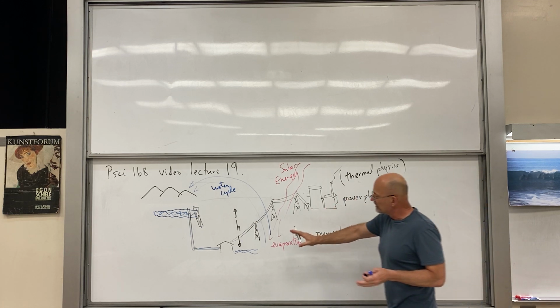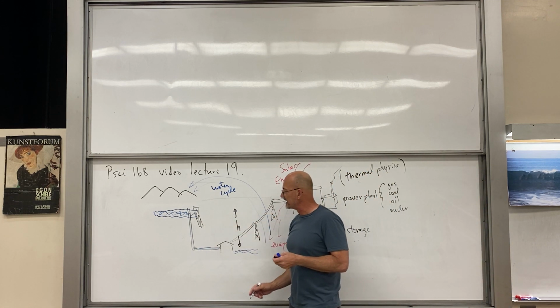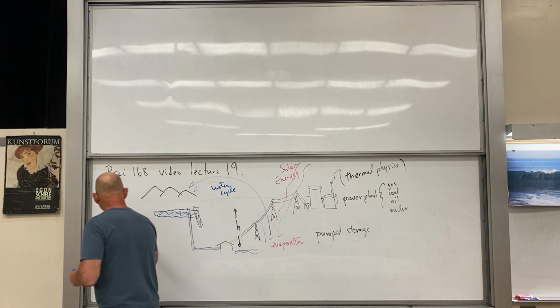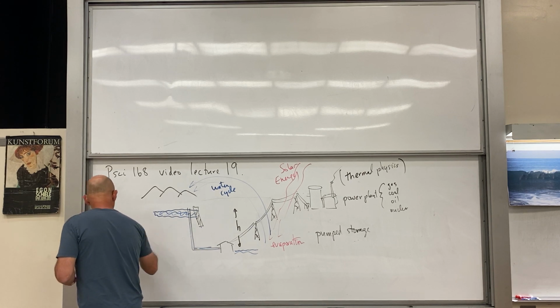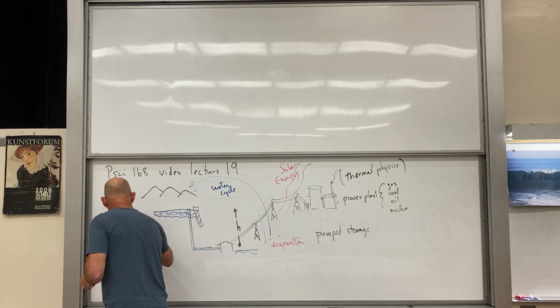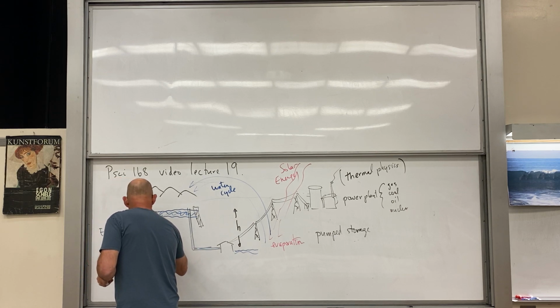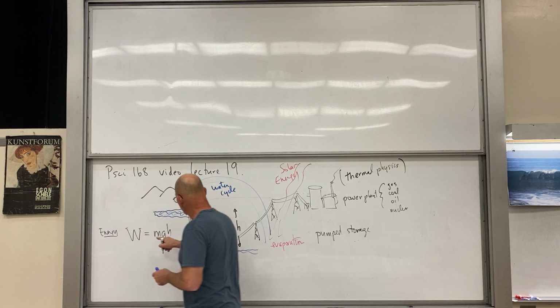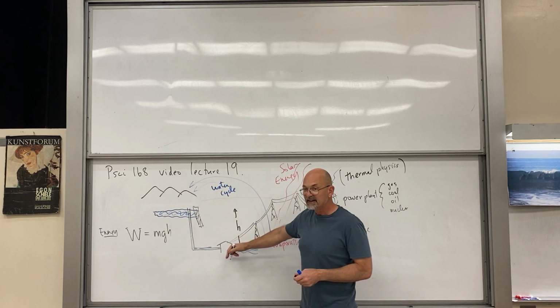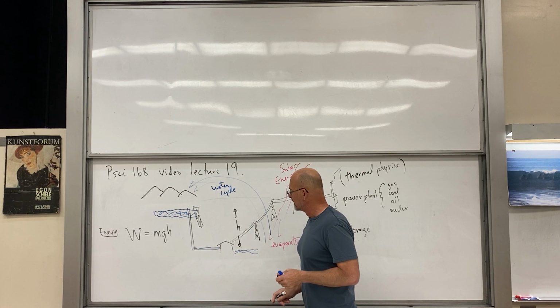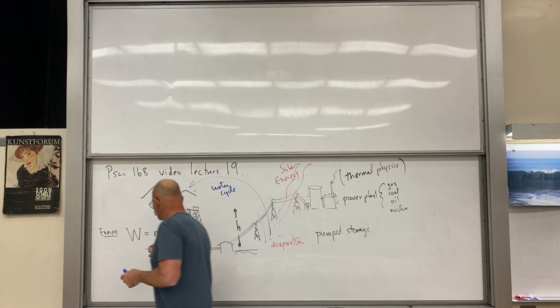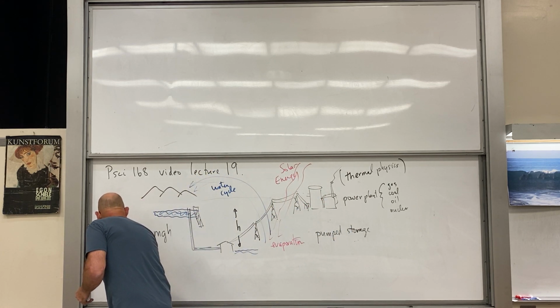But then back to our hydropower idea, we have the following. We have the energy stored, capital W, equals MGH: mass of water, g, height difference. Remember, everything in kilograms, meters and seconds.